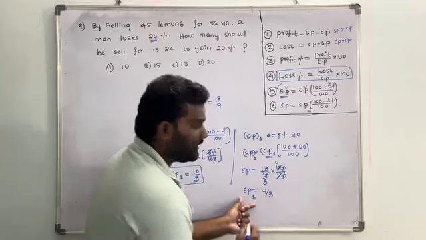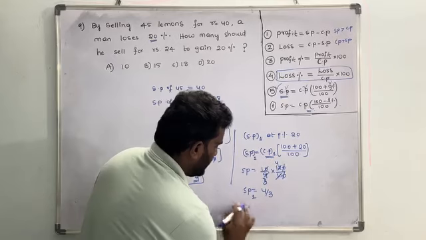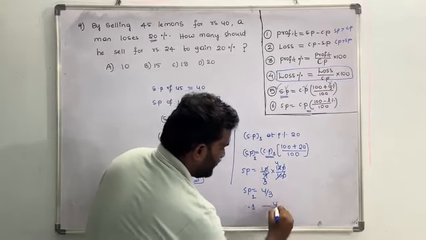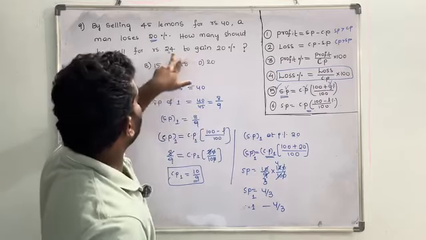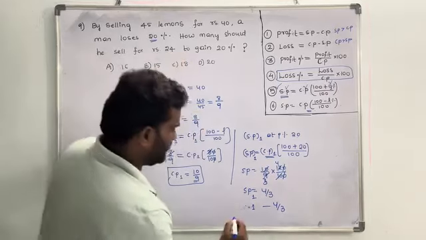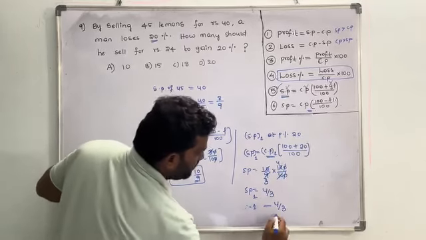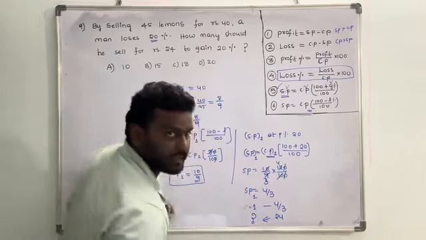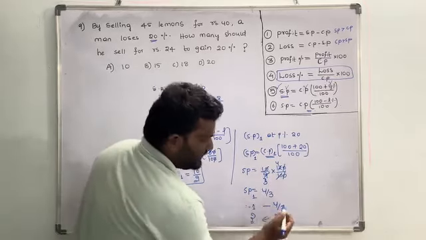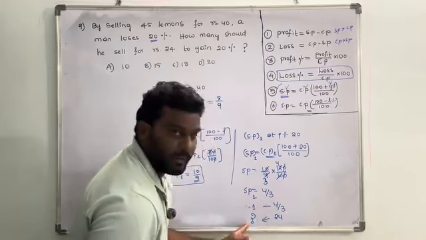This is only for 1 lemon. The selling price of 1 lemon is 4 by 3. But what is the number we need? 24. So this is for 24 rupees. For 1 lemon, 4 by 3 rupees, and for 24 rupees, how many lemons?